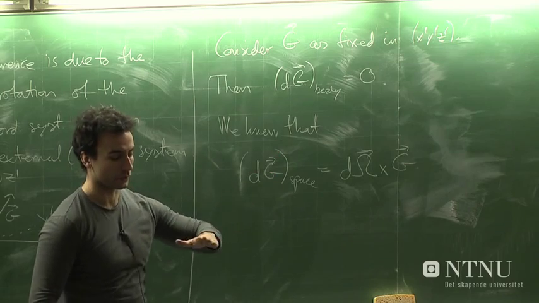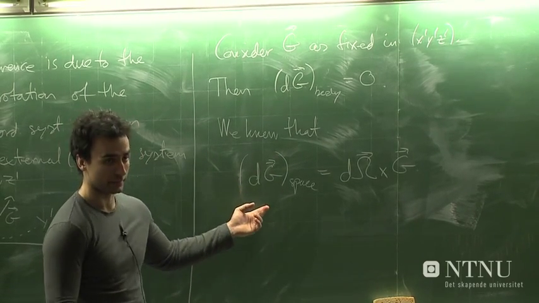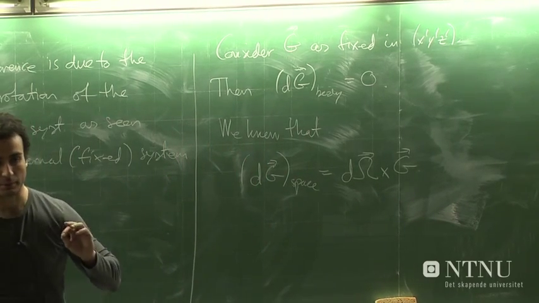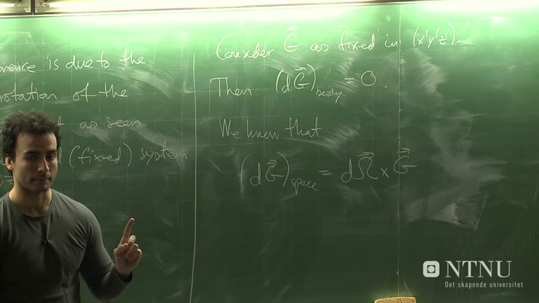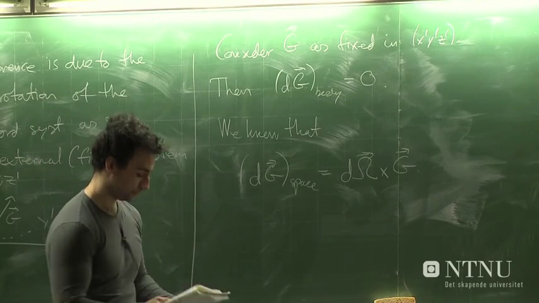So a vector which is rotating with a body's coordinate system will be seen as changing in the space system as follows, where omega here represents both the axis of rotation and the angle the vector has been rotated, namely d phi in this case.